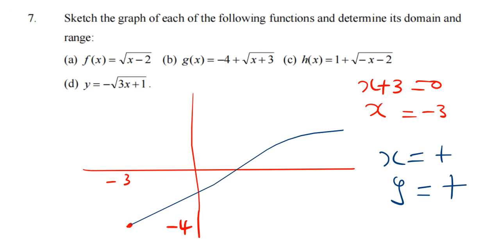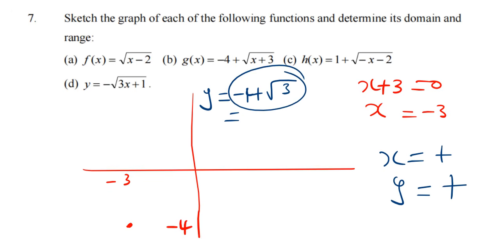So basically, what are you going to do? You have to find the y-intercept. On the y-intercept, x is equal to 0. So in this case, y is equal to -4 plus the square root of 0 plus 3. 0 plus 3 is 3. So you can punch this on the calculator: the square root of 3, and -4, then you add the two.